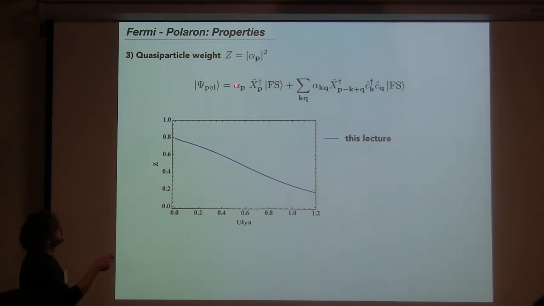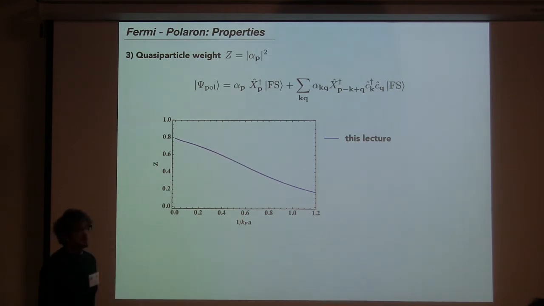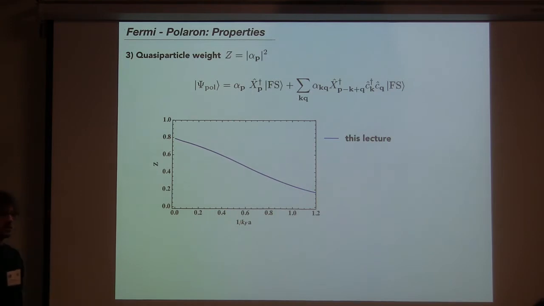And this we can extract from this variational parameter which we extracted, alpha p, and the quasi-particle weight is just given by the square of the overlap. Again, I've got here 1 over kA versus the result which we get. And one sees this time at unitarity, actually still 80% is left of the bare impurity nature inside this polaron. So it's actually a very well defined composite, very well defined quasi-particle.